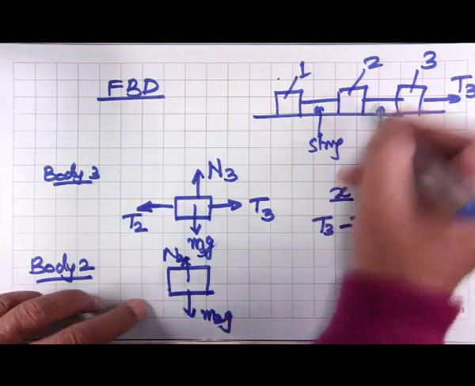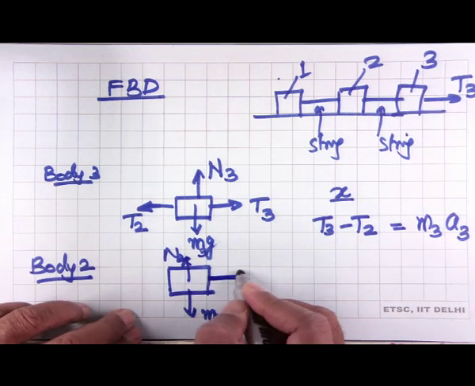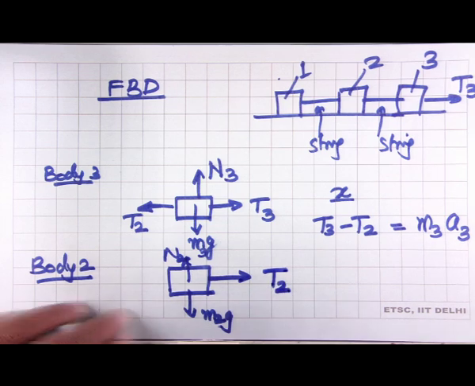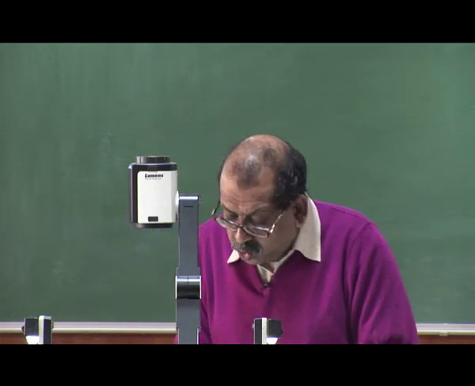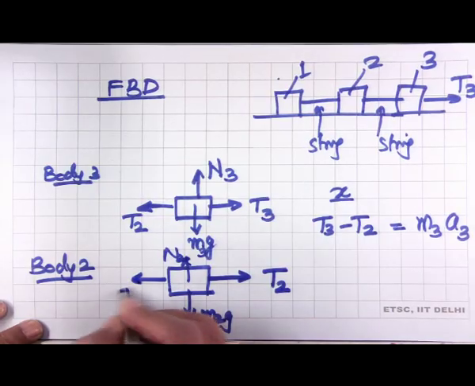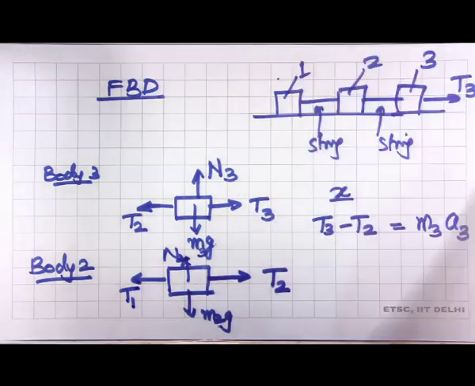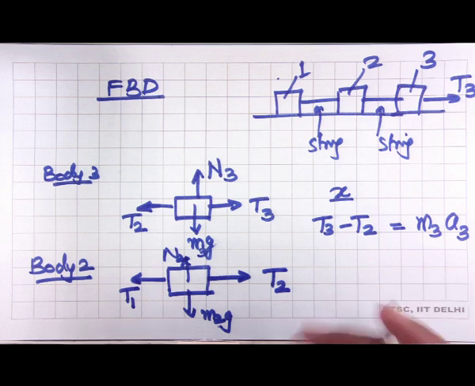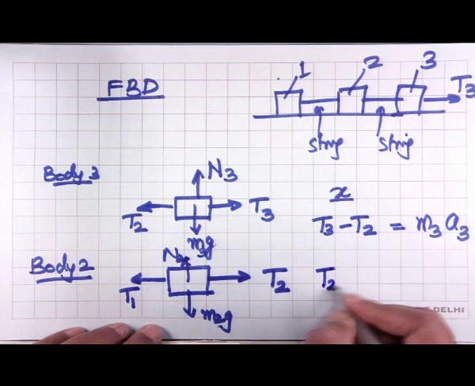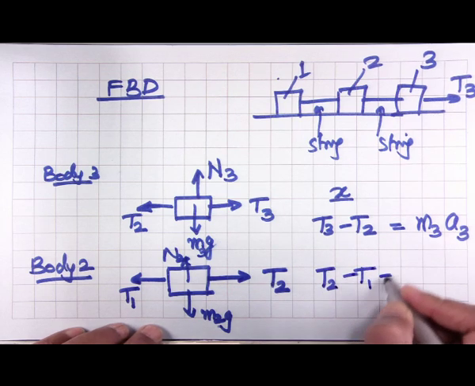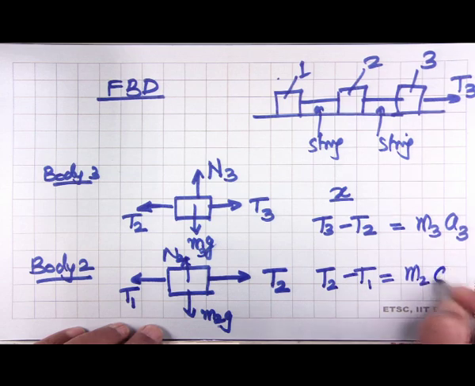Now, on body 2 the string pulls the body to the right, we call the force T2, and there is a force which the first string applies, we call this T1. And from here when we apply Newton's law in the x direction, what we get is T2 minus T1 is equal to M2 A2.